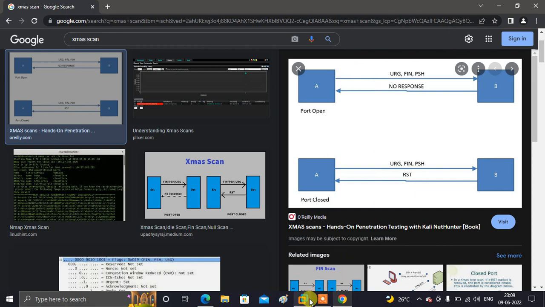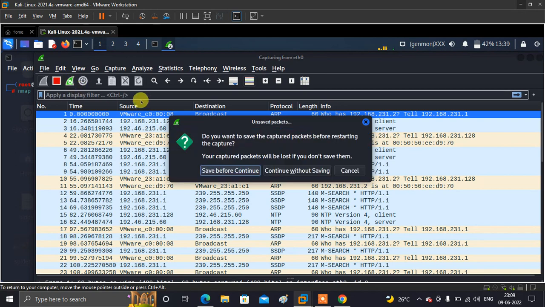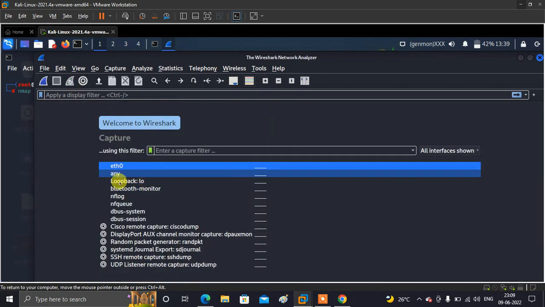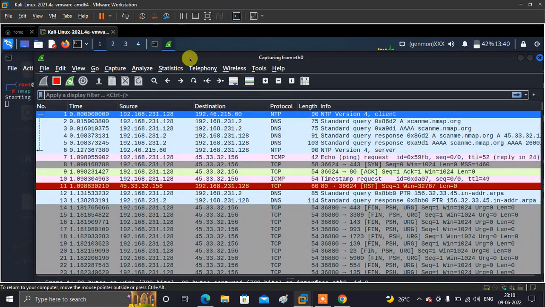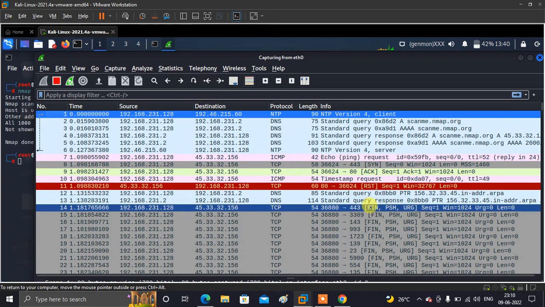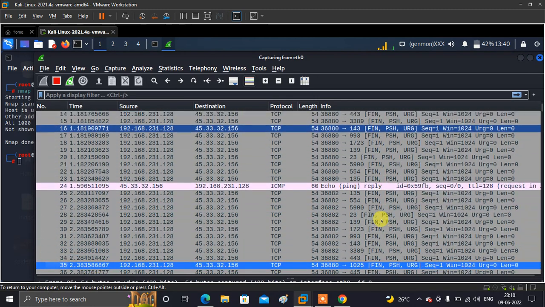Okay, so now we will go back to the practical. I'm again clearing the screen and we are going for Xmas scan. You can see here FIN, PSH and URG. FIN means it's over, then it's saying push, like send all buffer data immediately, now saying it's urgent. So 3 different meaningful flags, and you can see there is no response coming up.